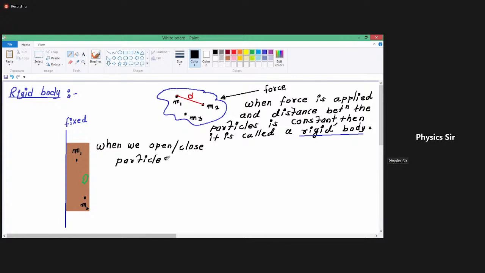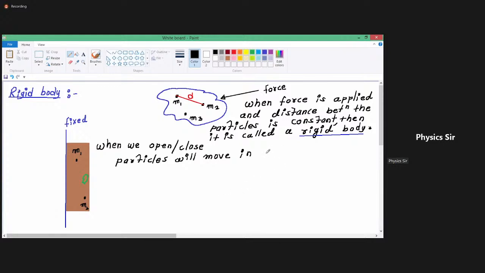Can somebody tell me how the particles will going to move? How the particles will move? ये पार्टिकल्स तो कैसा मूव करेगा? जैसे इमेजिन तुम्हारे सामने एक डोर है और तुम डोर को ओपन कर रहा है और उस पे अलग अलग पार्टिकल्स है, वो पार्टिकल्स तो कैसा मूव करेगा यार?